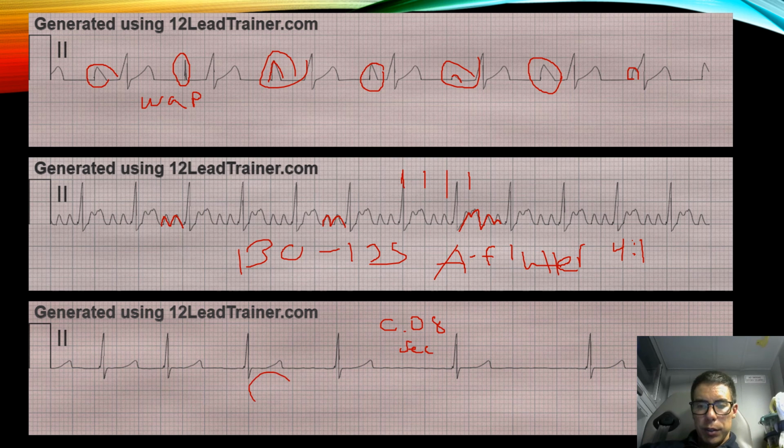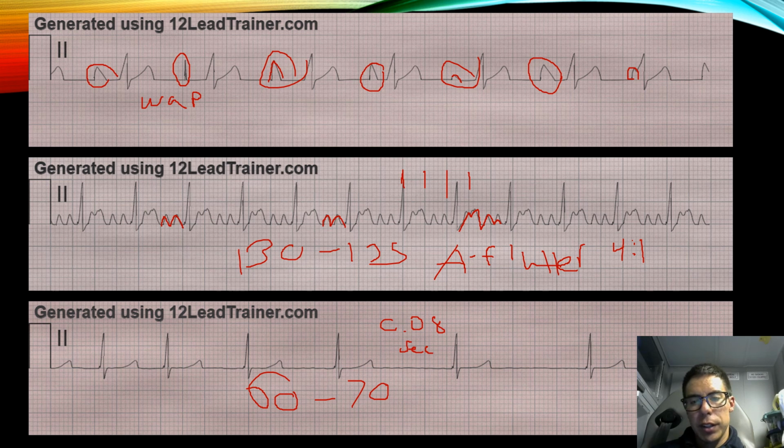I think my video is in the way of the next one, so it's probably 70, but we'll call it 60 to 70. So that's really all we can tell with this, and based on what we have found, this would be considered AFib controlled, because it's under 100 beats per minute.